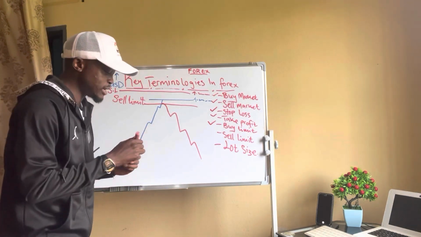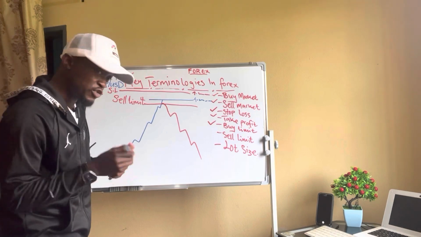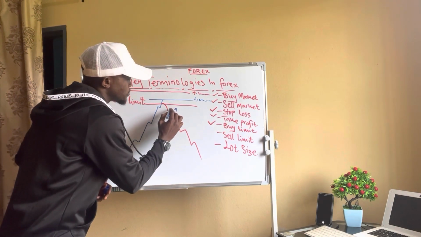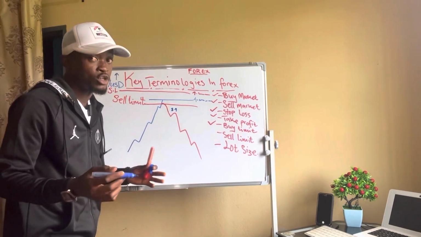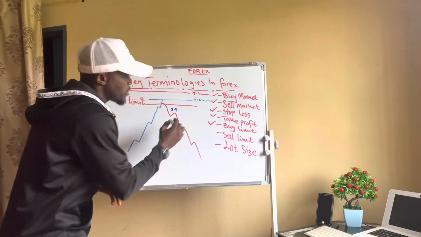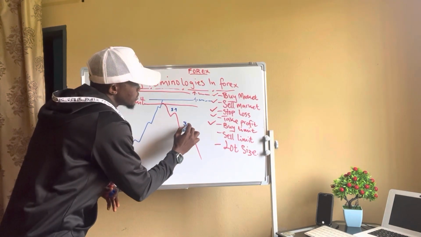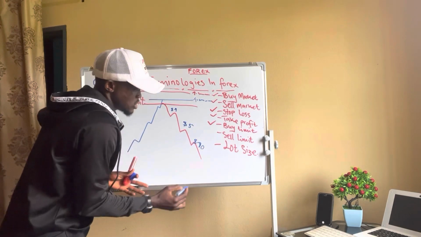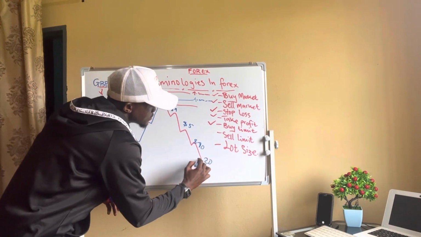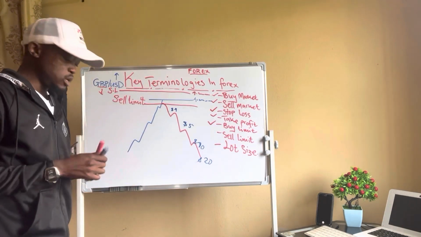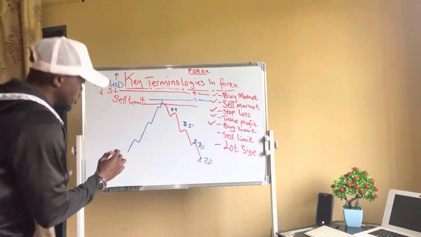Now, you are in profit from your sell limit. $1. I will always start with $1 because from 1 you go to 2, from 2 you go to 3. Now, $5. Now, $10. Now, $20. After setting your stop loss, you immediately set your take profit.